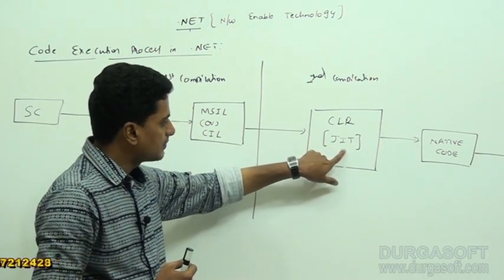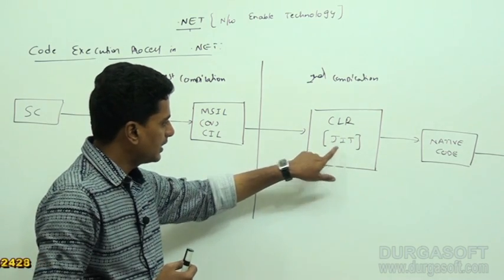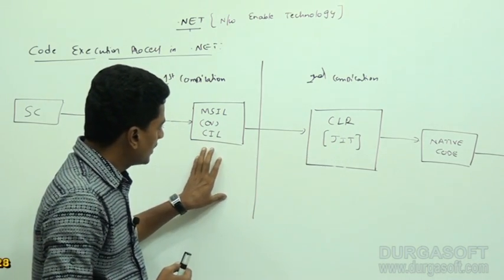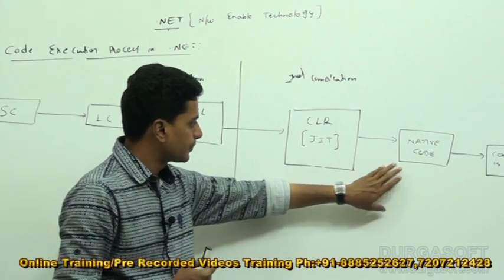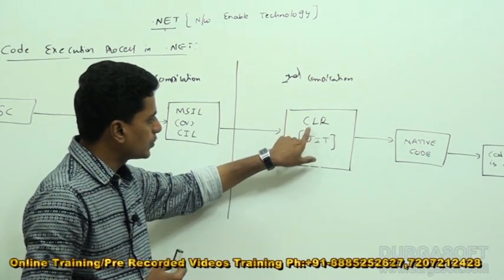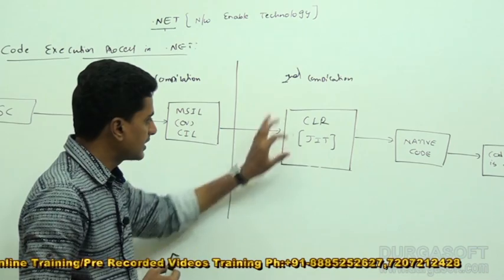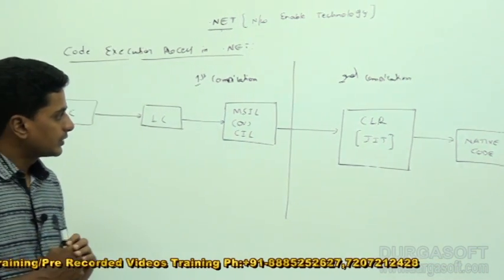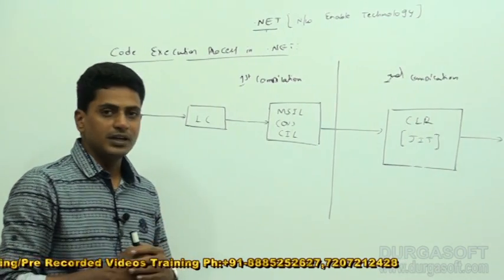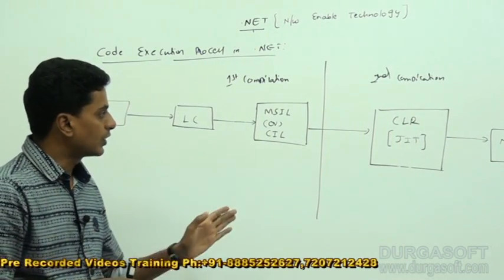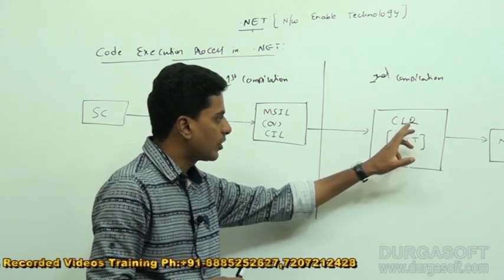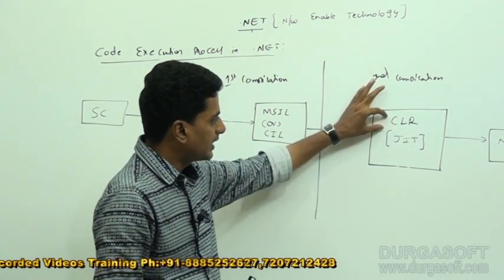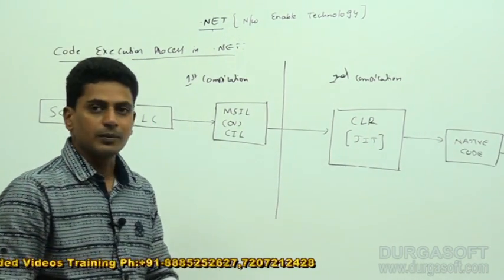Here the just-in-time compiler takes the responsibility of converting that MSIL code into native code, and the code is going to be executed by CLR. CLR stands for Common Language Runtime. Just as Java people have the JVM, Java Virtual Machine, in .NET there is the CLR, Common Language Runtime. It provides the execution environment to .NET applications.